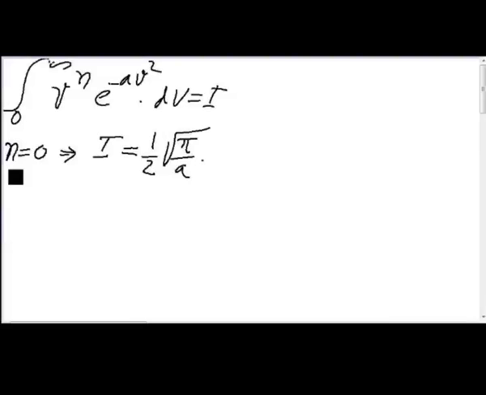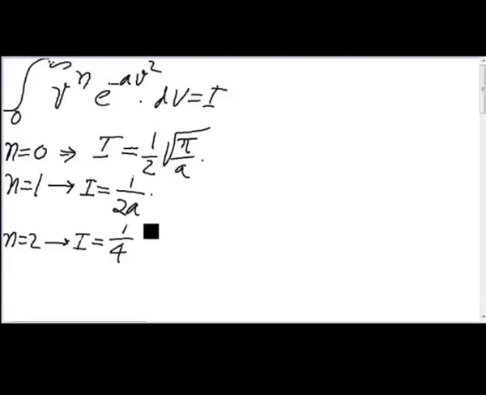When we have n equal to 1, I equal to this. When we have n equal to 2, I will be equal to this. Now we go straight away to n equal to 4, I will be the same as this.